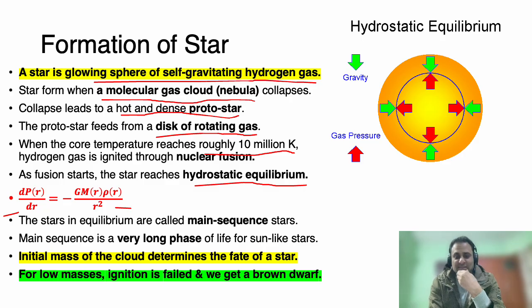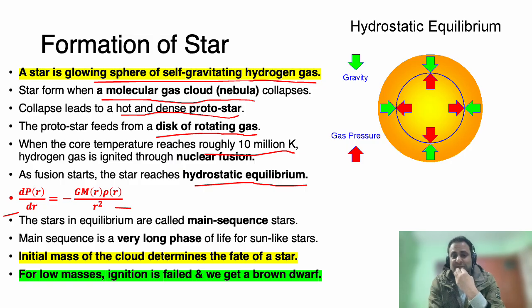So when a star starts to fuse hydrogen, it burns hydrogen gas into helium and produces energy and light. This phase is hydrostatic equilibrium, and it is a very long phase. Why?